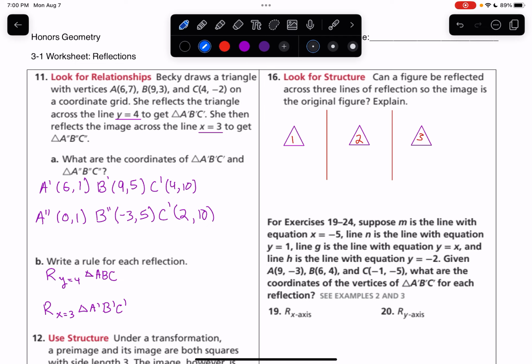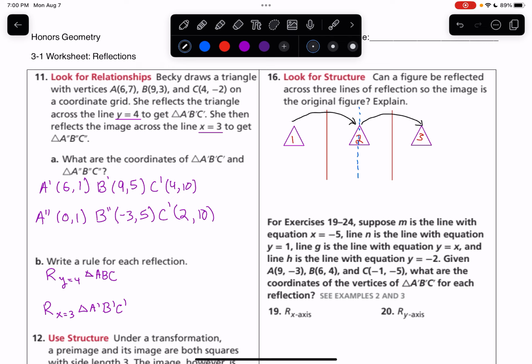Then my next move is going to be to take triangle number 3, reflect it back across the center of that line of reflection. And when I do that, I'll show you with arrows the path this is going to take. So we'll go from triangle 1 to triangle 2. And then we'll do another reflection to go from triangle 2 to triangle 3.